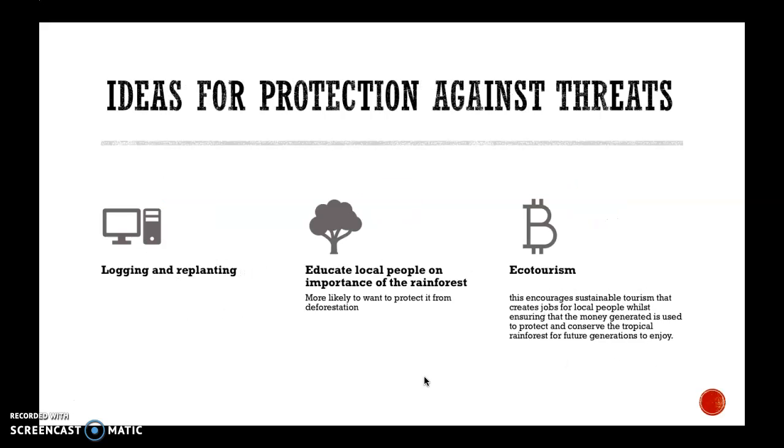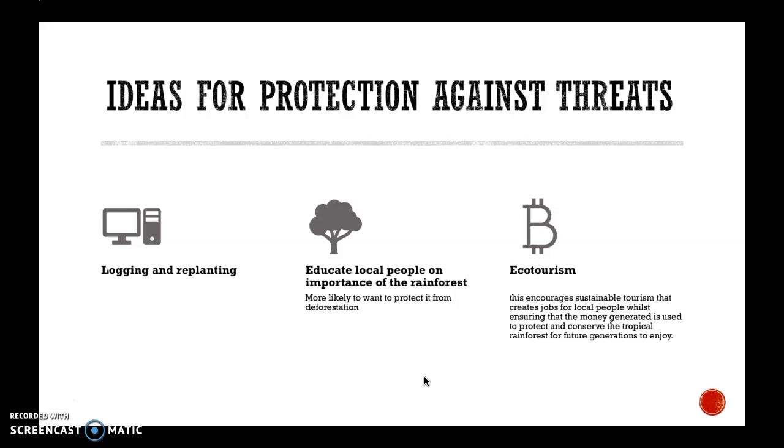So there are also some ideas to help protect the forest against these threats. First of all, with logging, it's important to be replanting as well. If you have to do logging, then you have to be replanting, and it'd be best to replant more trees than you actually cut down so you ensure the future of the forest.